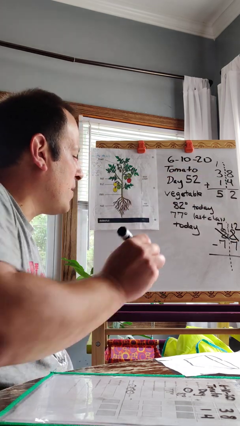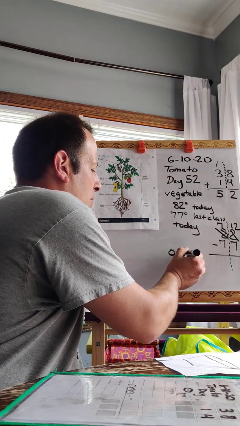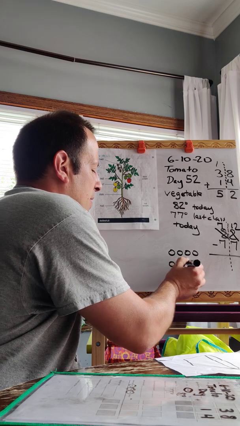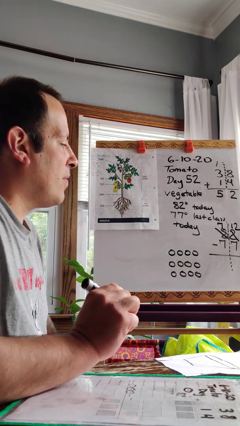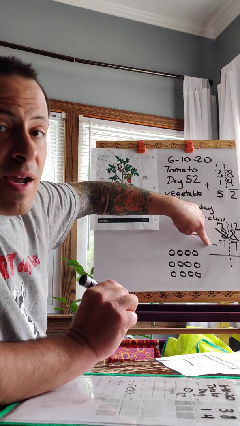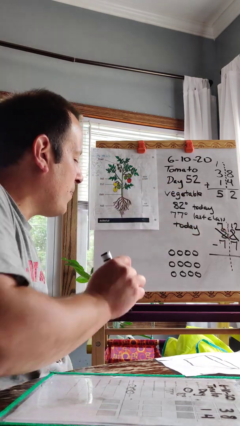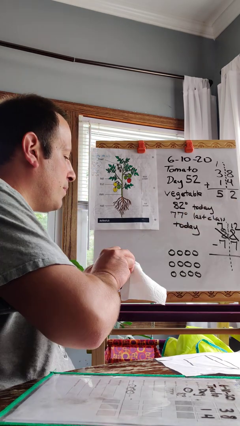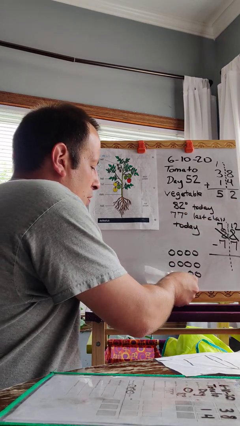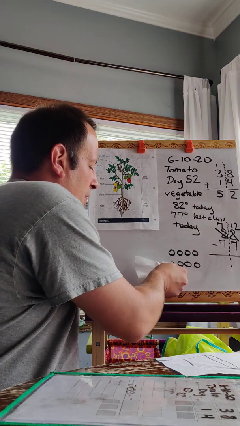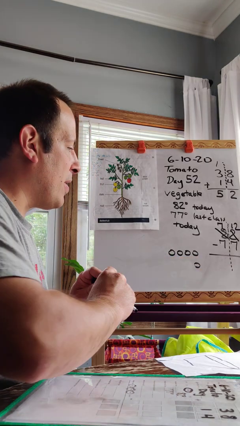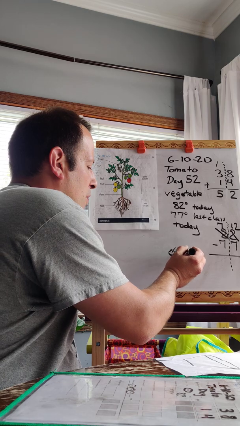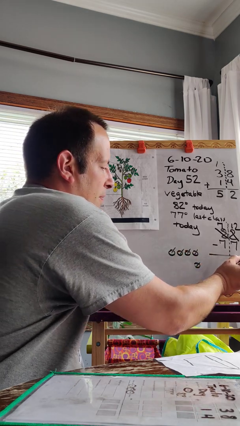I have 12 tomatoes. 1, 2, 3, 4, 5, 6, 7, 8, 9, 10, 11, 12. I'm going to take away, or I'm going to eat 7 of them. 1, 2, 3, 4, 5, 6, 7. Let's count how many are left. 1, 2, 3, 4, 5.